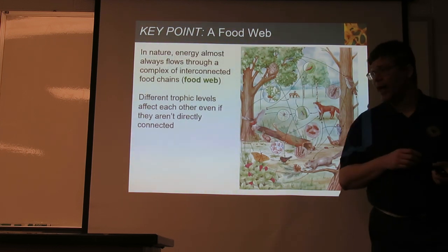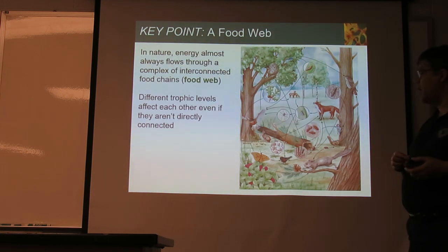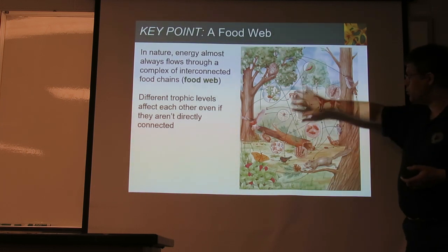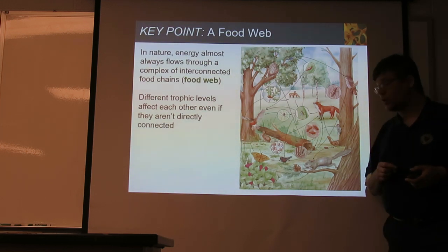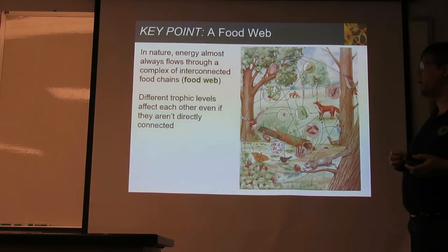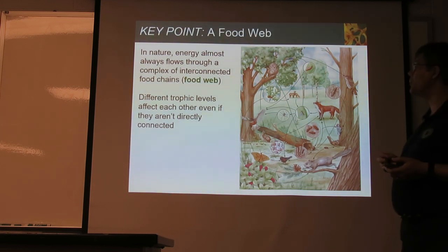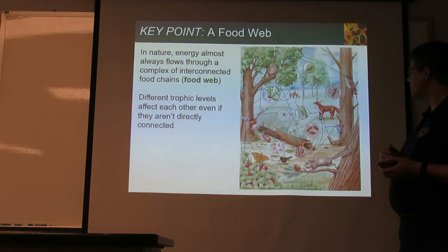Again, in an actual environment, we typically have lots of different types of living things. And so we have not a simple chain, but a relatively complex web where different types of organisms are feeding on several possible food types and have multiple possible predators, leading to a complex interaction like shown in the diagram here.